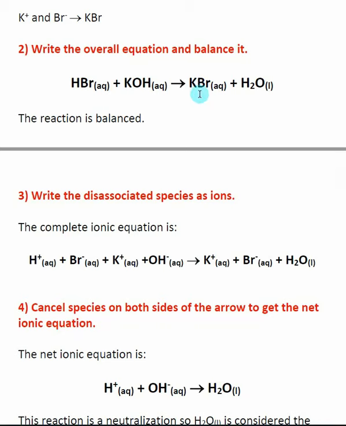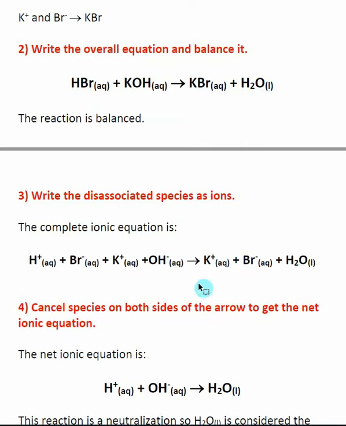So this gets broken up into its ionic species, K+ and Br-. And then the last one, water, is really our product. And remember, we decided that we would not dissociate water, and we need to do that for something. Something needs to not dissociate, or we're not going to have a net ionic equation.